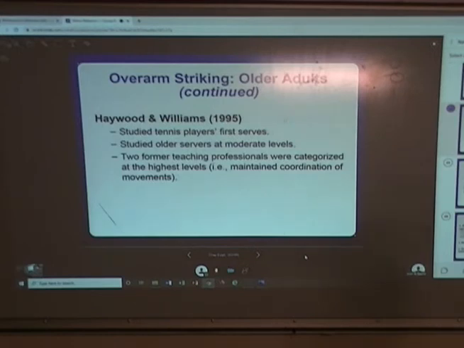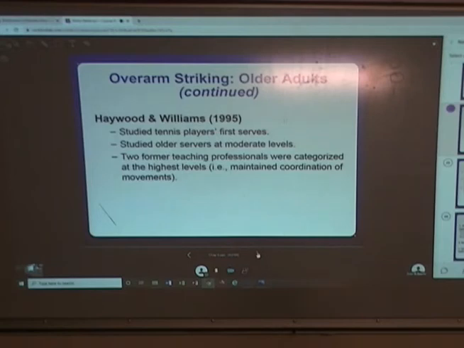Unfortunately, in this particular study, they used older adults who had, when they were younger, been actual professional tennis players, or at least teaching pros at a tennis club. So I'm not sure that's a realistic population to take a judgment call on what the developmental trend looks like, right? Because they weren't typical adults.